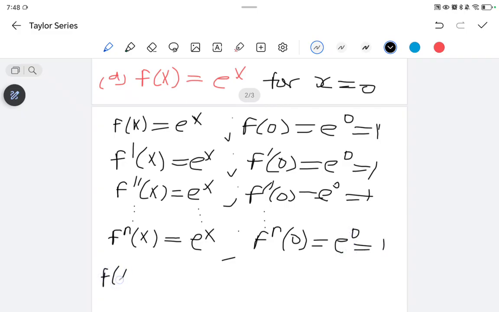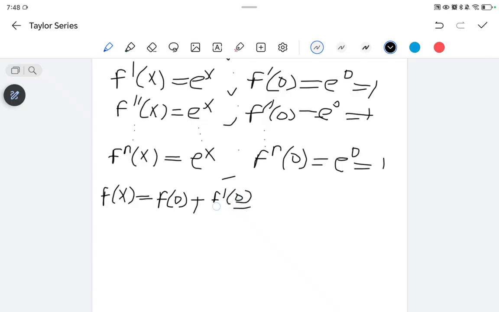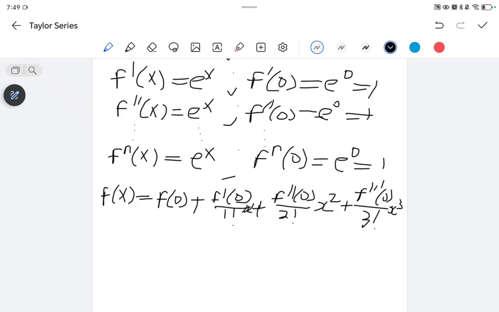Now we can write our f of x as equal to f of 0 plus f prime of 0 over 1 factorial x, plus f double prime of 0 over 2 factorial x squared, plus f triple prime of 0 over 3 factorial x to the third, and then plus up until, you see, right, and this will be equal to f of 0 which is 1, plus that one is 1 also, so this will be x over 1, plus this is x squared over 2 factorial, then this is x to the third over 3 factorial plus.